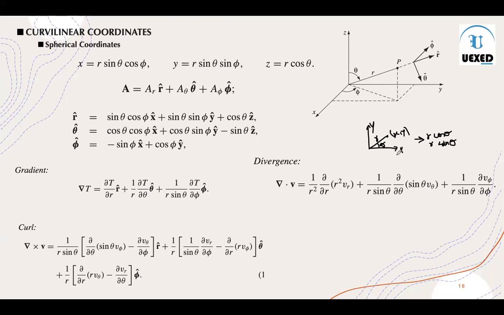But sometimes we also need to generalize this to a three-dimensional coordinate system. When we do it in three dimensions, we use a spherical coordinate system. So now x is going to be defined like r sine theta cos phi, which you can realize from the two-dimensional system I just showed here.